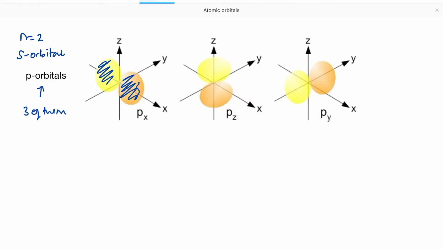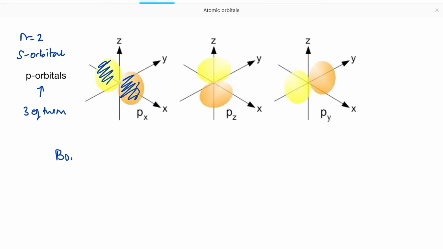And there are 3 p orbitals, the px, the py and the pz, and essentially these pairs of balloons are on different axes. So the x-axis, the y-axis, the z, one going up, one going back away from you, one coming towards you. One of the things that's really helpful in chemistry is if you can start to develop your ability to think in 3D. So let's have a look at boron.